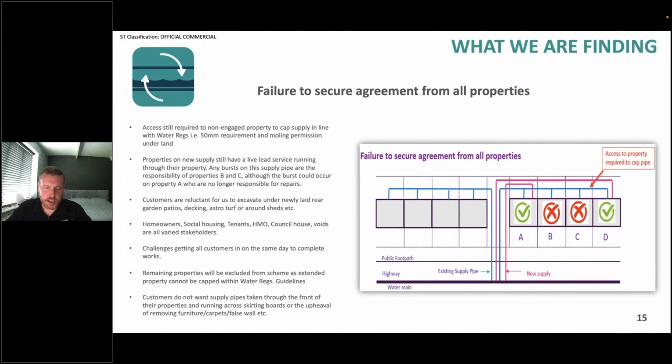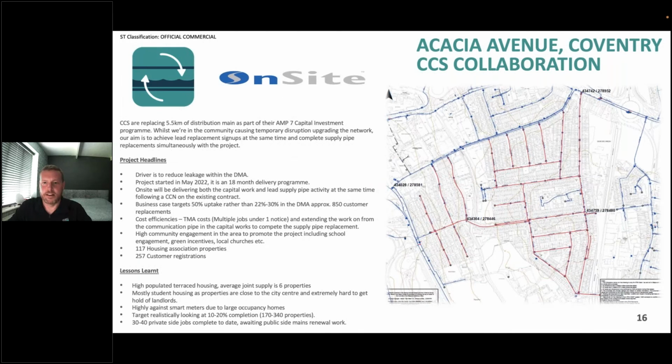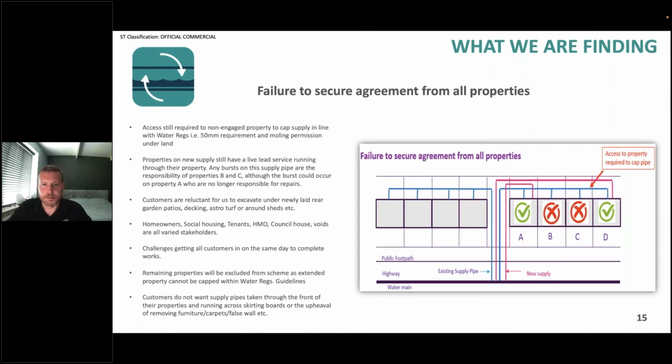It is very tricky. I think on the next slide you've got common photographs of some of the issues we found. So really, we have access issues with the pipes, the way they come into the properties in the UK.